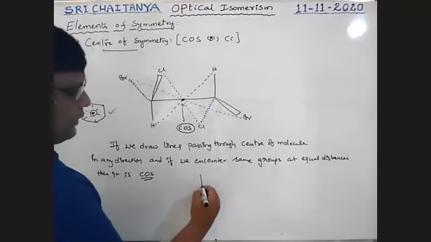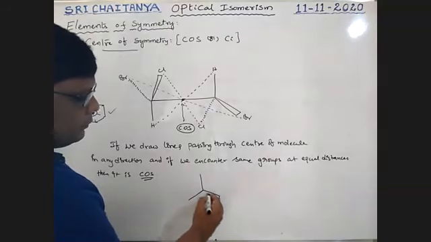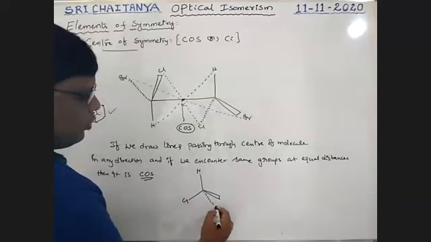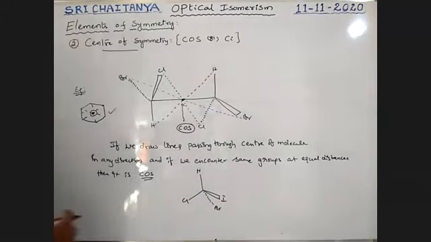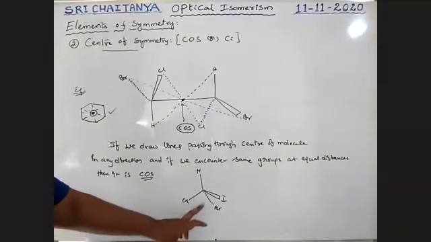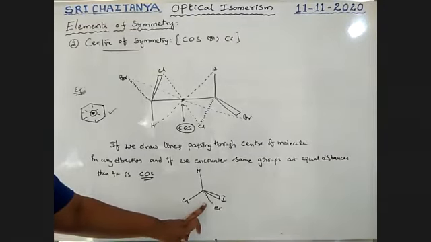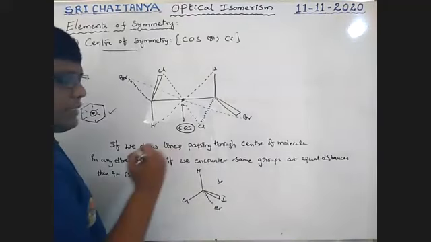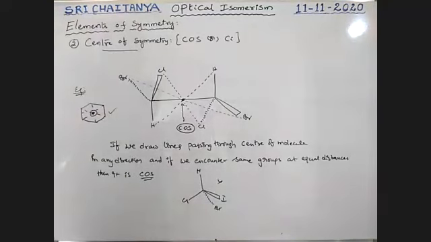Now I'm taking this molecule like this: hydrogen, chlorine, bromine, iodine. Boys, does this molecule have a center of symmetry or not? Tell me. No, no center of symmetry.